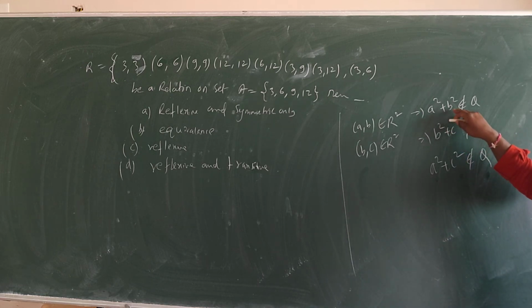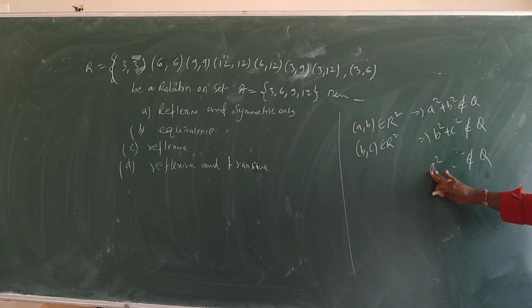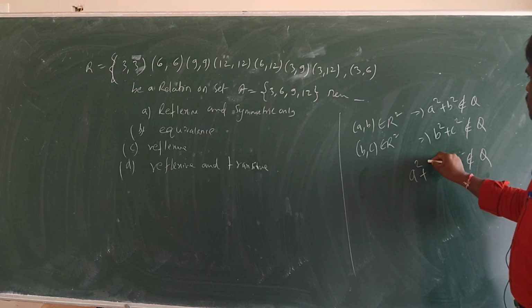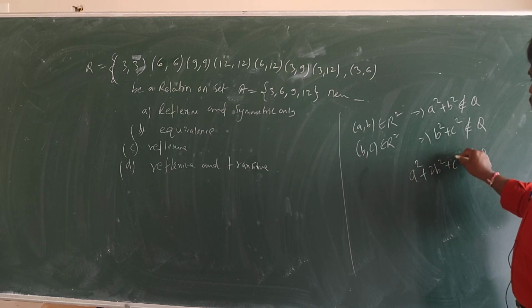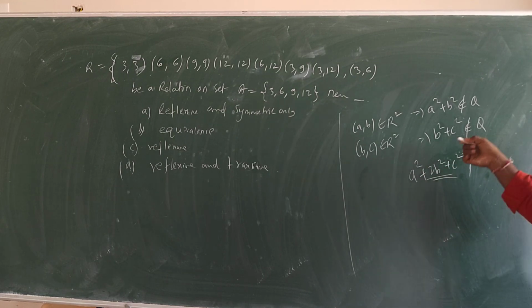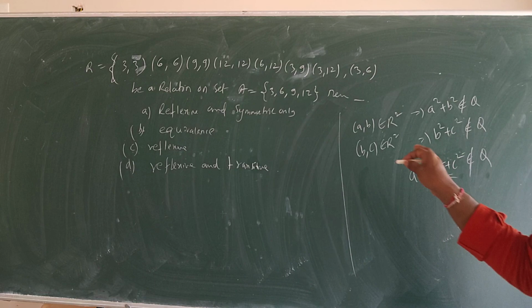See here, it is addition, so you have to add. If we add, what will happen? A square plus 2B square plus C square. You will not get A square plus C square. So we can say it is not transitive. In this way also you can say.